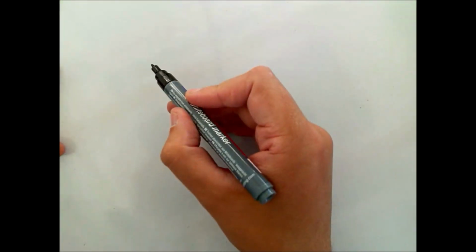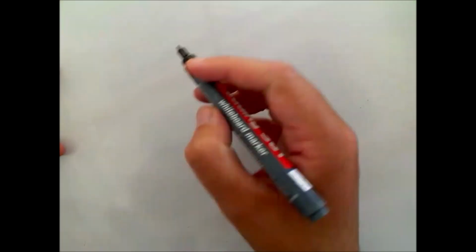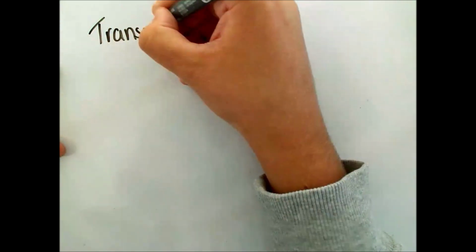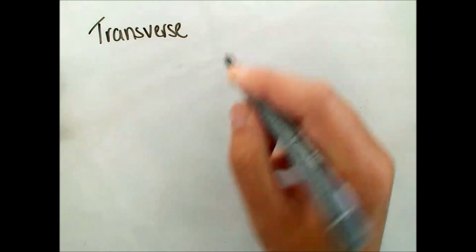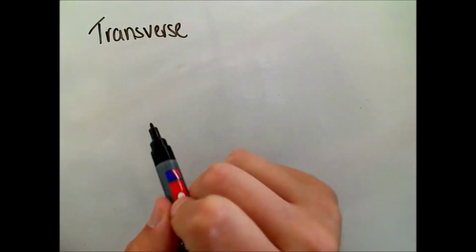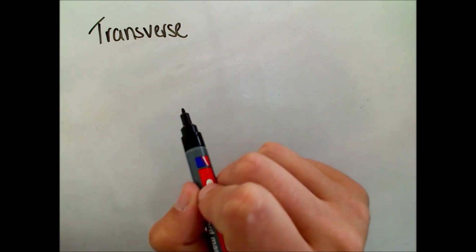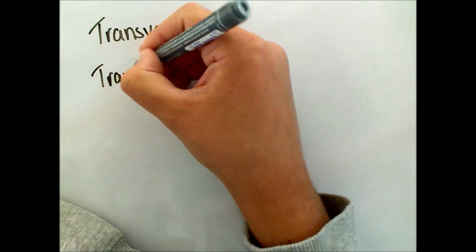So electromagnetic waves, those oscillations in the electric and magnetic fields, are transverse waves, meaning that the oscillations are perpendicular to the direction of energy transfer. And we know that all kinds of electromagnetic waves travel at the same speed.